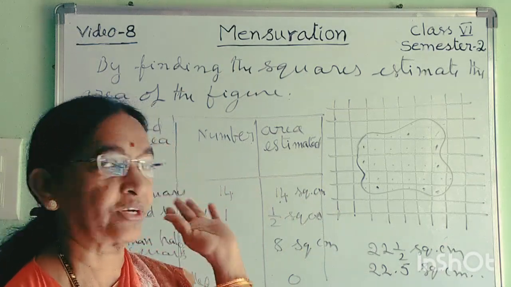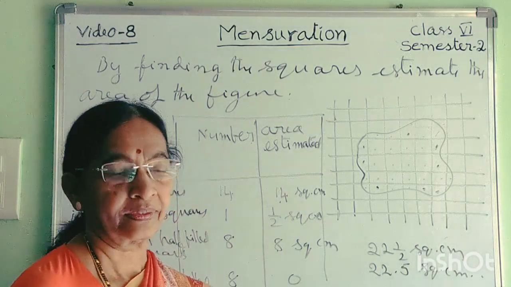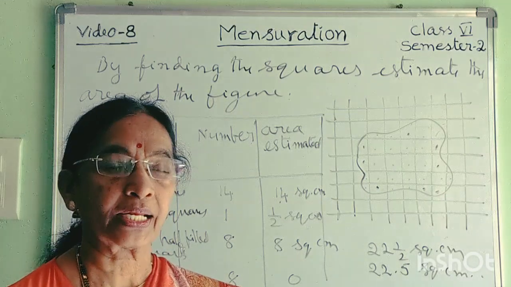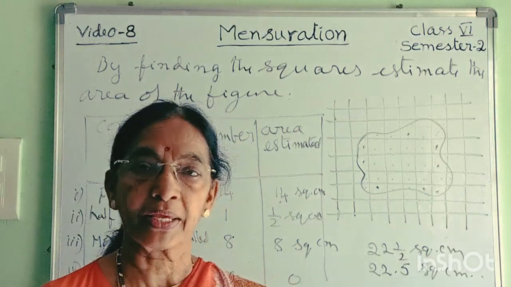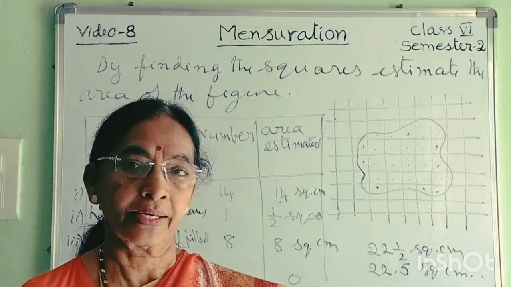Thus, the area of different figures is estimated by this method. For regular shapes, we can calculate the area of regular plane figures by using certain formulas, which we will see in the next video.